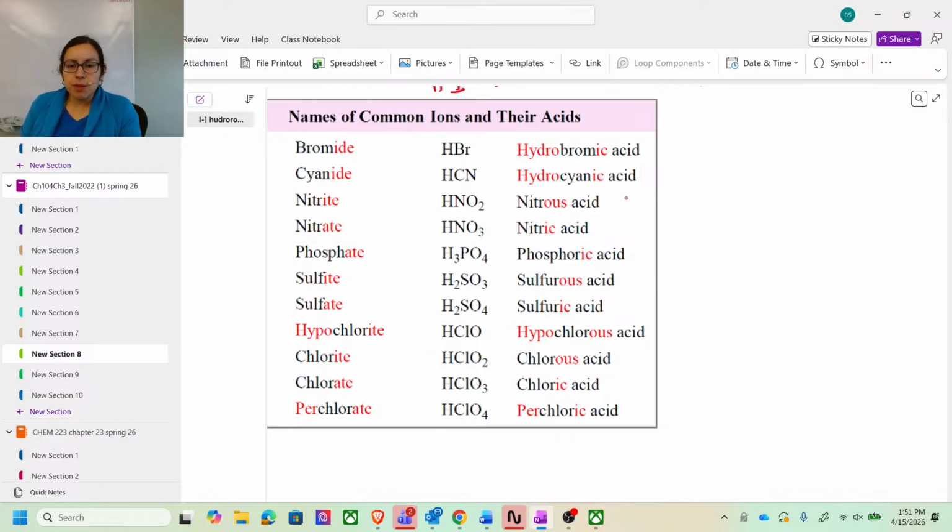Typically you guys probably won't see nitrous acid in practice. You will see nitric, so HNO3. But again, that's more of a memorization thing. Phosphoric acid we'll likely see in practice. That's H3PO4. I really don't have good tips on how to memorize these other than you memorize them. You won't see sulfurous in practice really, but you might see sulfuric, or at least I'm just talking about basic Gen Chem. We're not going to worry about all those perchlorates.